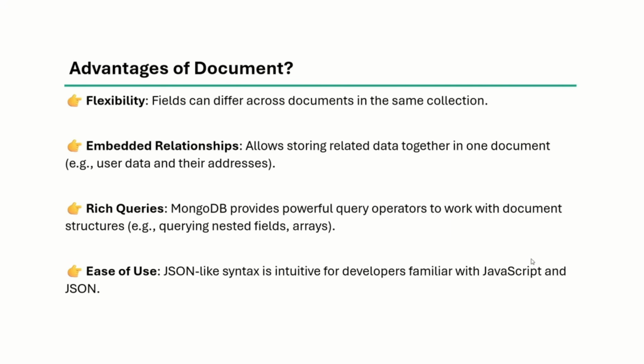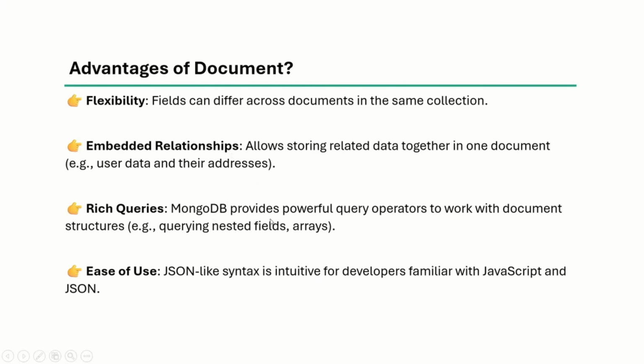Now, what are the advantages of using a document? Well, as we have learned, documents are schema-less. Two or more documents in the same collection can have different fields and a different number of fields, so in that way, documents provide more flexibility. Also, related data can be stored in the same document, using embedded documents, which we call embedded relationships.